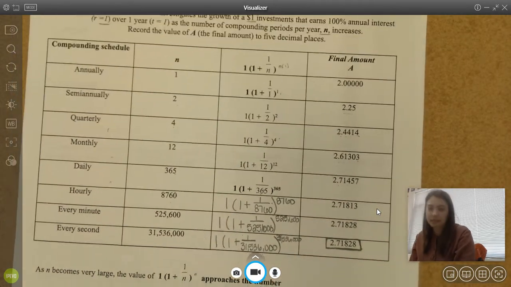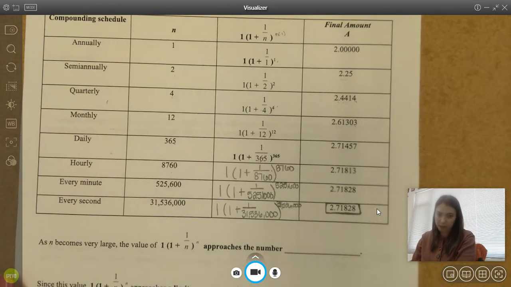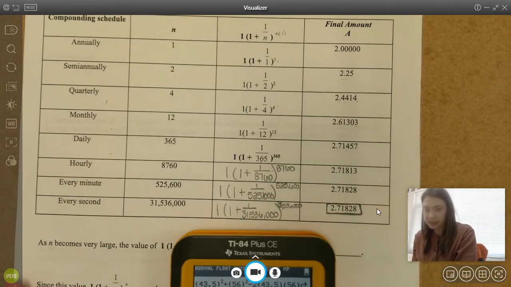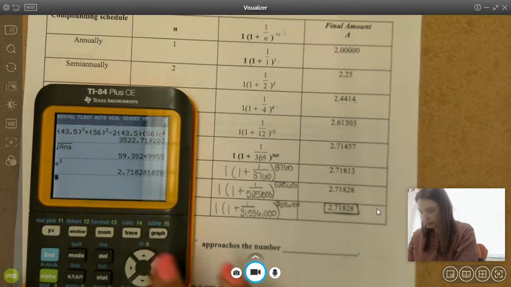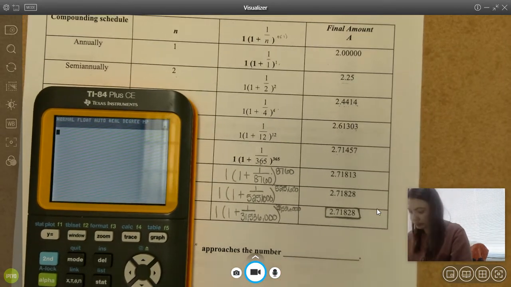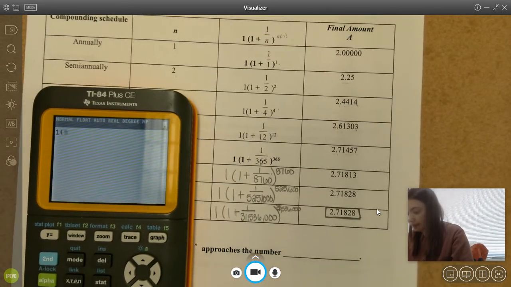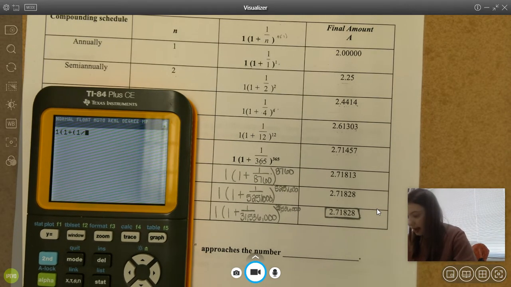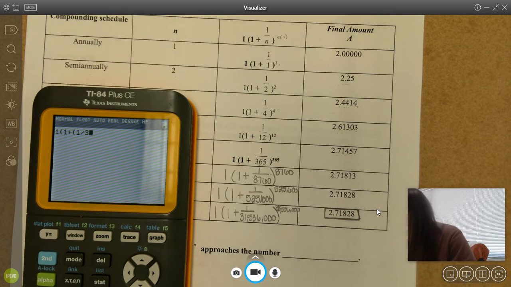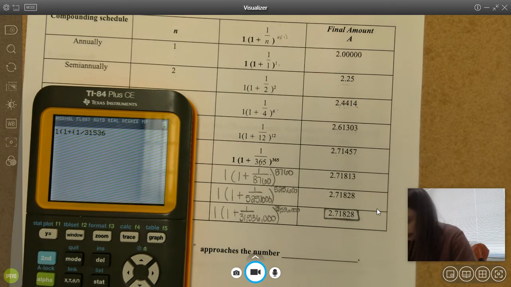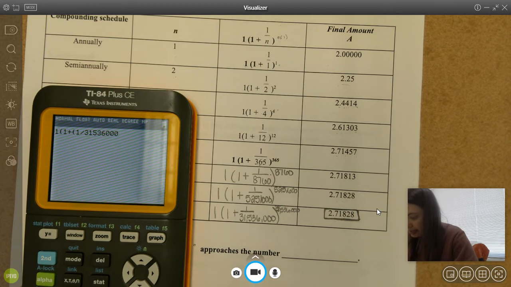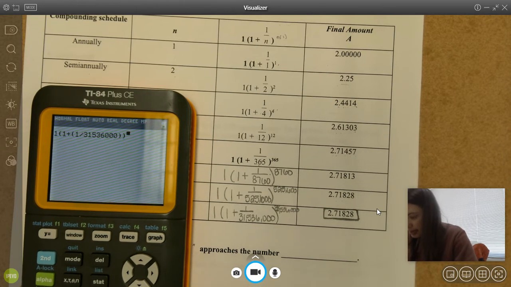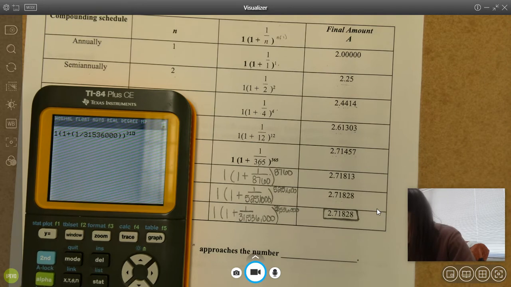We're rounding that to the 5th decimal place. Now, if you wanted to see what something like that looks like in your calculator, 1 times 1 plus, remember, we want those parentheses for order of operations, 1 divided by 31536, and 3 zeros, double parenthesis, and then we raise that to that same exact value.